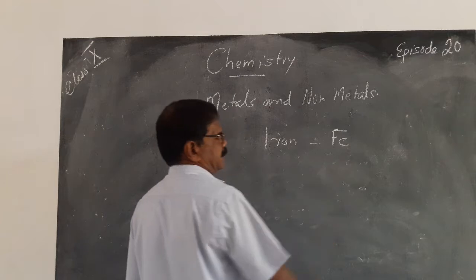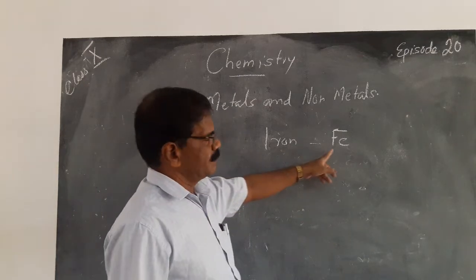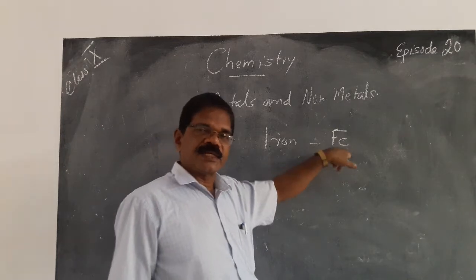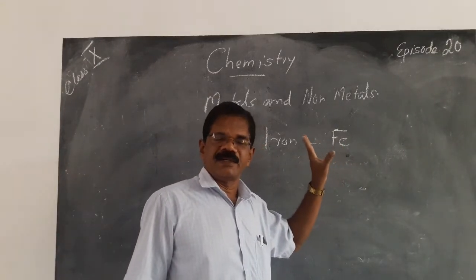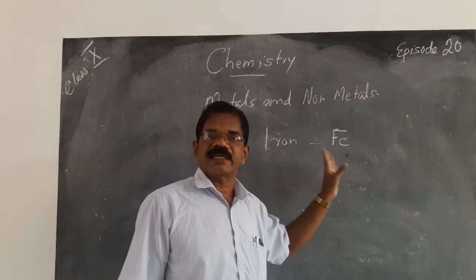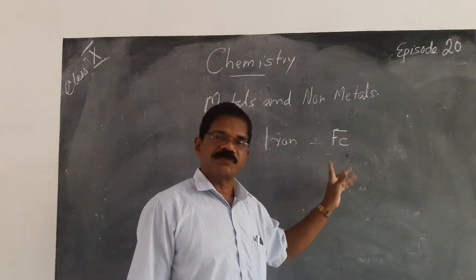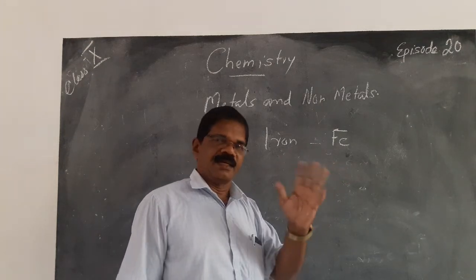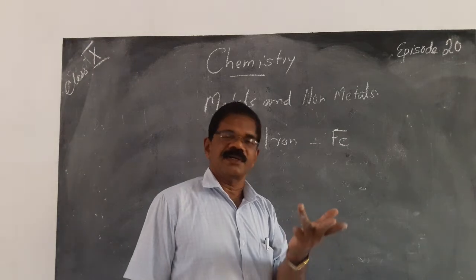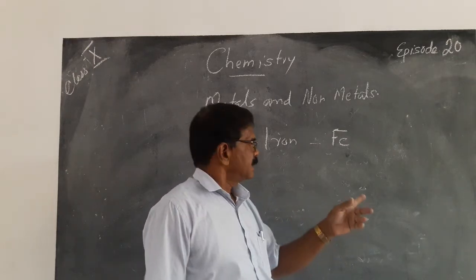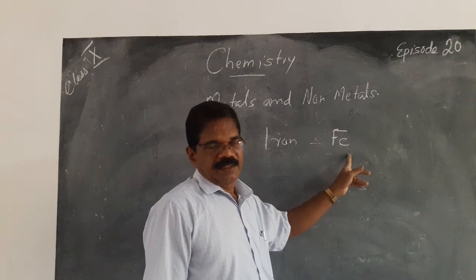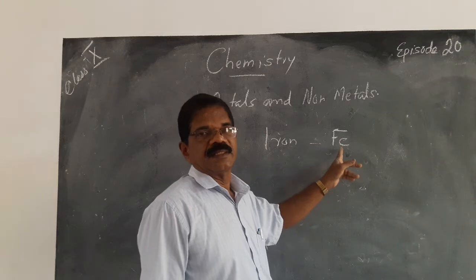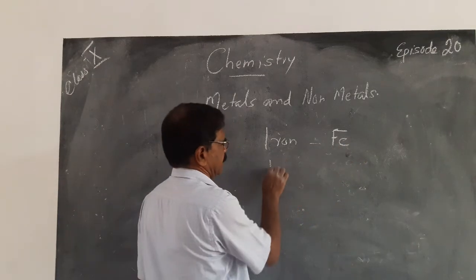Why is the symbol of iron Fe? In the ninth standard, you studied that symbols are the short forms of their chemical names. The names came from Latin, Greek, or German. In Latin, iron is ferrum, so its symbol is Fe.